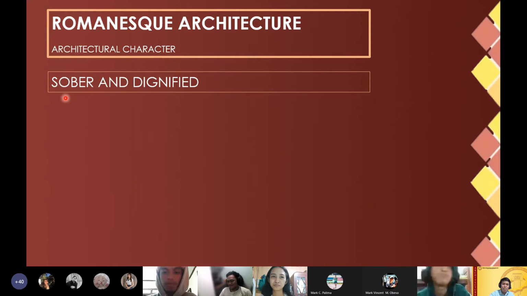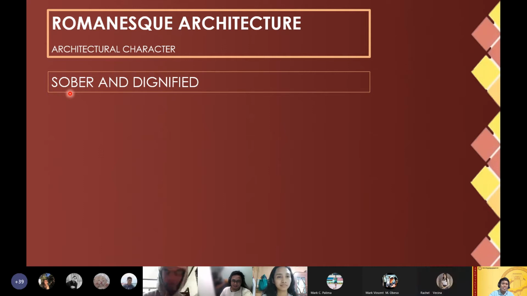Here, sober means solemn, like when you pray, you are solemn. Formal and sincere. So again, the term sober here means formal, solemn, and sincere.